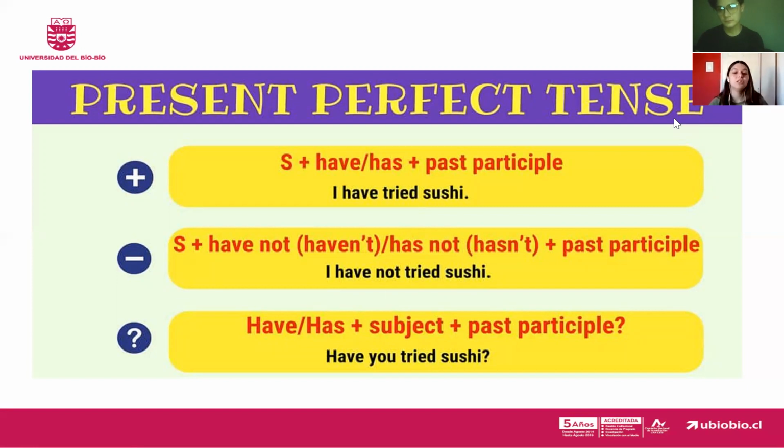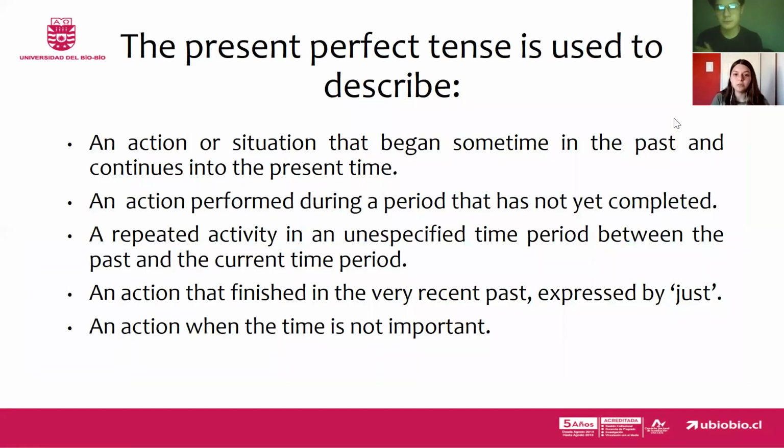There's a little change in the order of the words. So we have in positive, I have tried sushi. In negative, I have not tried sushi. And then the question would be, have you tried sushi? Okay, let's continue.